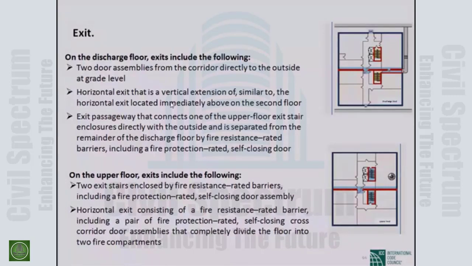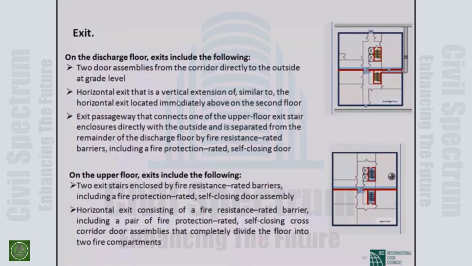Exit passage that occupies one of the upper floor exit stairs, enclosed directly with the outside and separated from the remainder of the discharge floor by a rated barrier including a fire protection rated self-closing door.